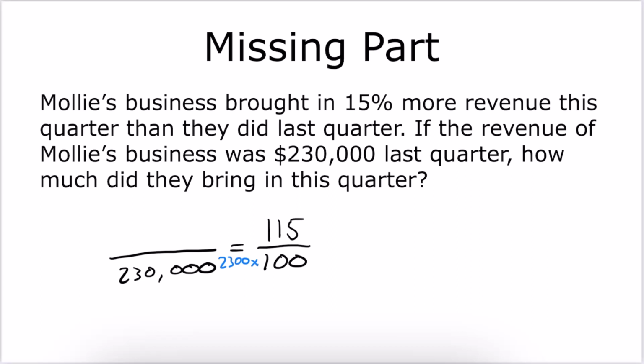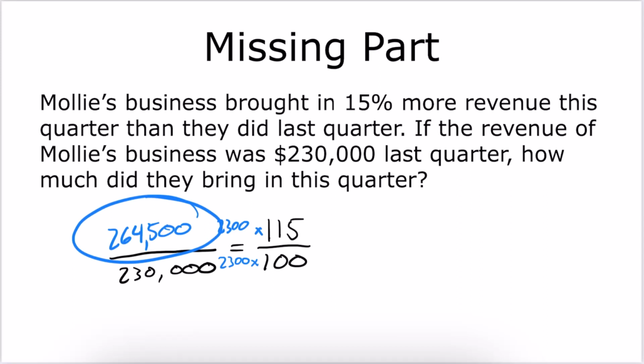And so if I multiply the top by 2,300 as well, that will give me what my missing number is. So if I do 2,300 times 115, that tells me that the missing part, or the revenue that they brought in this quarter, is $264,500. And so this would be my answer in this case.